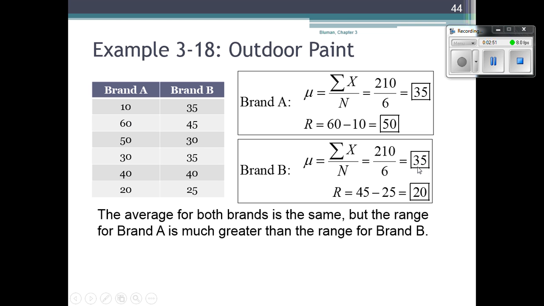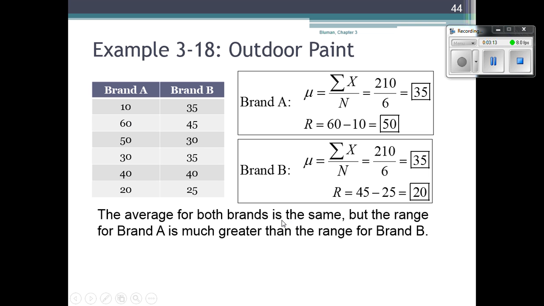The mean for both of them was 35. But as you see here, the range is 50 for brand A and 20 for brand B. Which one would you rather have? The one that can be anywhere from 60 down to 10, or the one that's a little bit more consistent?